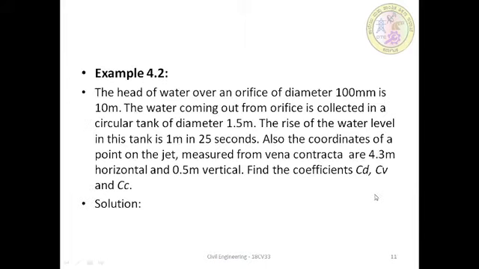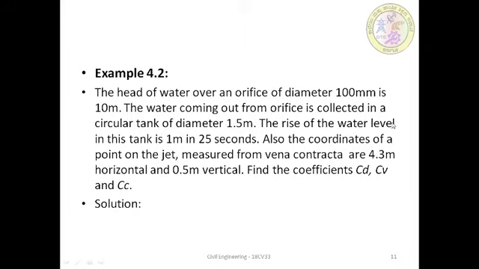Now let us take another type of numerical example. Let us read out the example. The head of the water over an orifice of diameter 100 mm is 10 meter. The water coming out from the orifice is collected in a circular tank of diameter 1.5 meter.